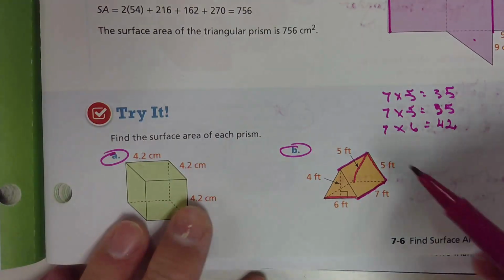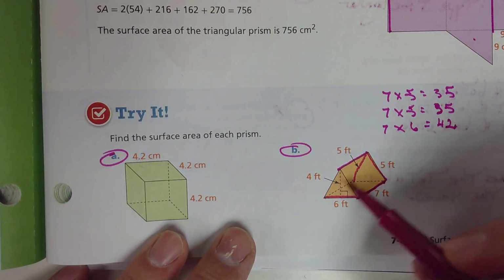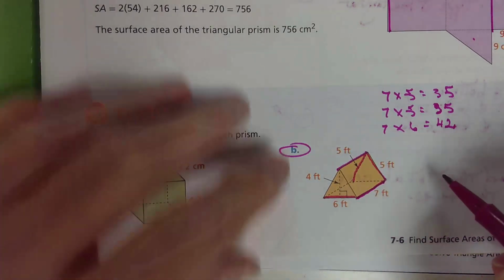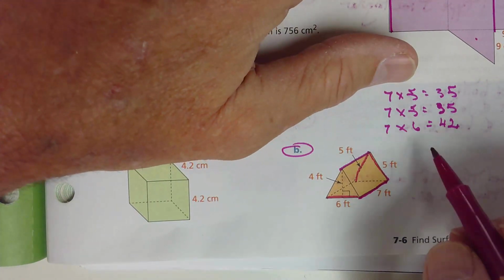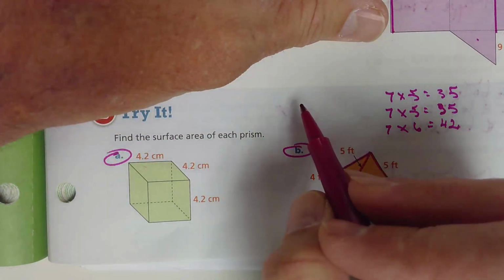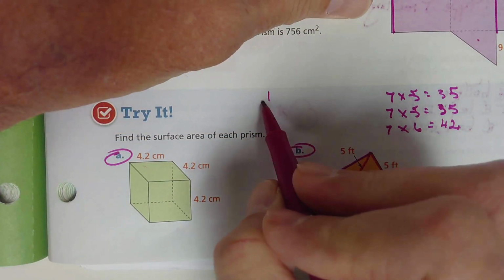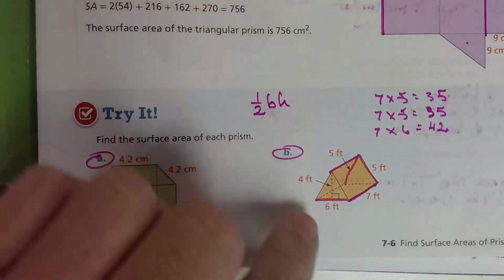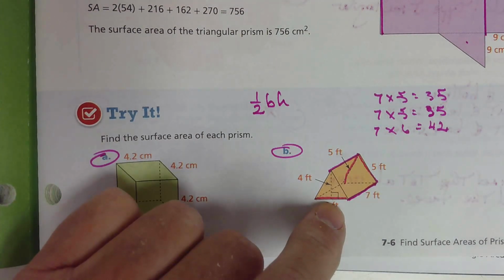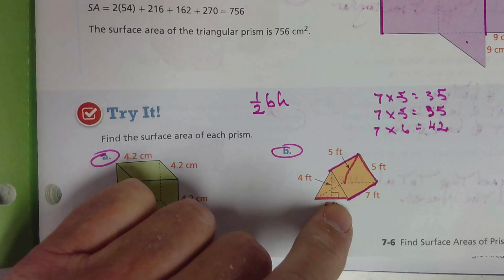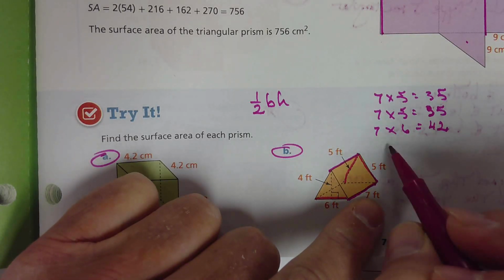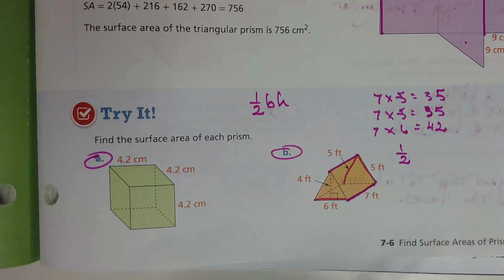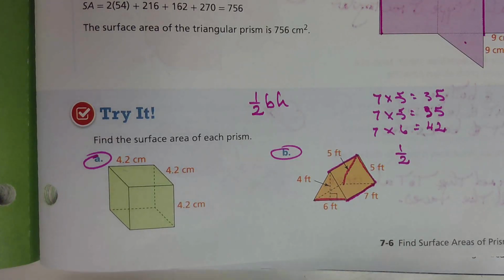Now we've done everything but the 2 triangular sides, the left and right side. So how do you figure out the area of a triangle? Well, if you recall, that's 1/2 times the base times the height. All right, so let's look at this here. So it's going to be 1/2 times the base.